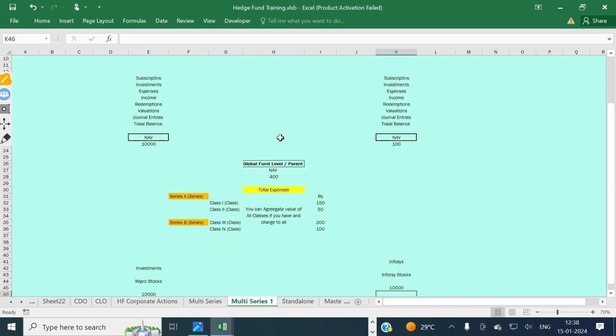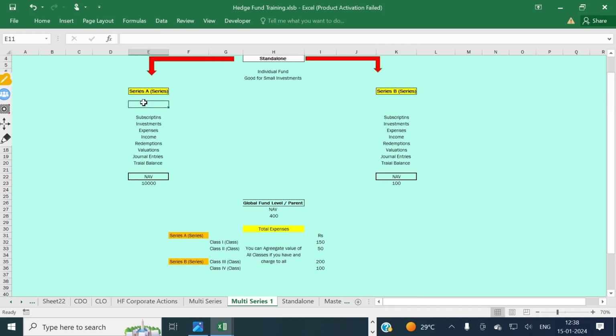Once you create this series, the duration would be, let's say, 2 years. Then your investment will be locked for 2 years. You cannot redeem it. Here, let's say 3 years, then this series will lock for 3 years, and you cannot redeem before that.